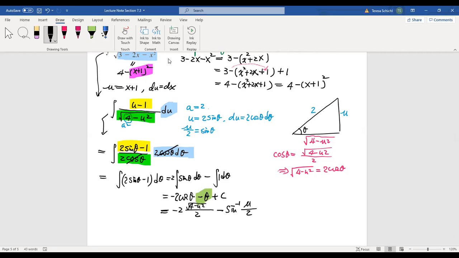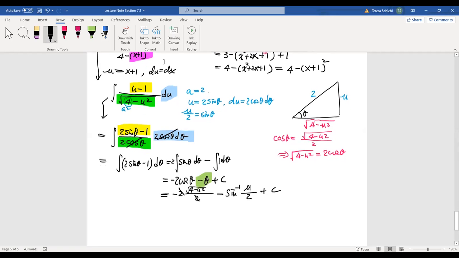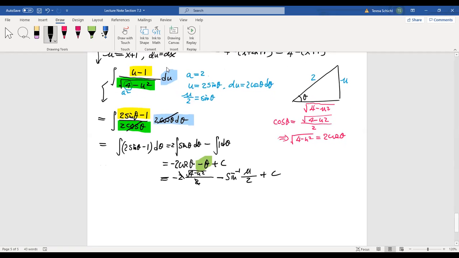I can push the u back. Plus c. The 2 and the 2 can cancel to simplify a bit. So this will be negative the square root of 4 minus u squared minus inverse sine of u over 2 plus c.